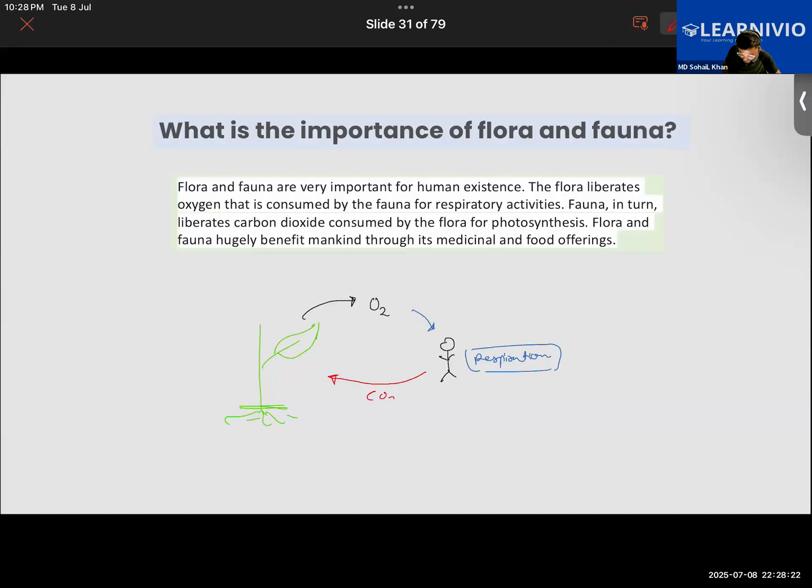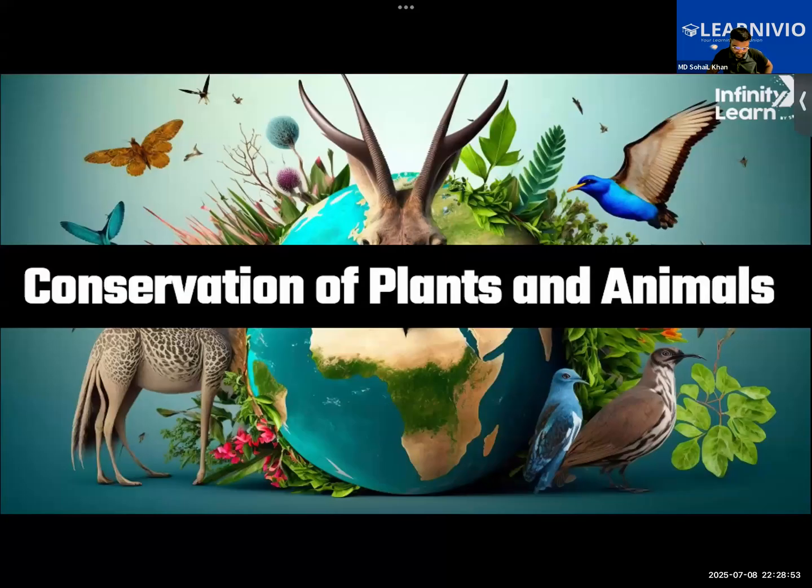Okay. And not only carbon dioxide, but even water and energy are given out. Nonetheless, carbon dioxide is taken up by the plant. So both of them are dependent upon one another, right? Then we humans majorly benefit from the plants, because we are not only getting oxygen from the plants, but also food, medicines, etc.